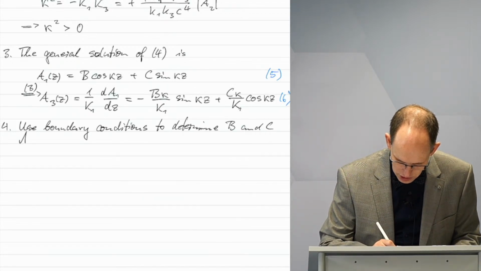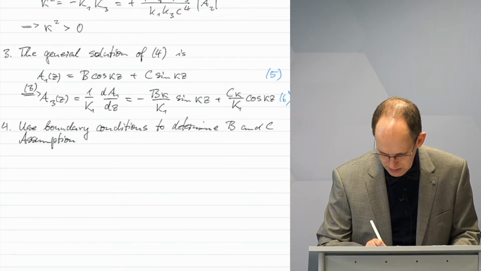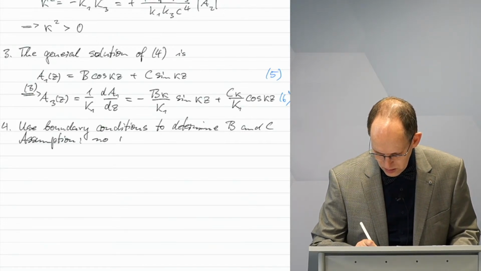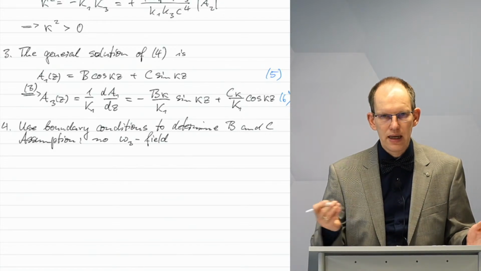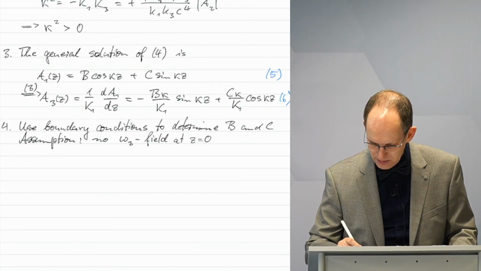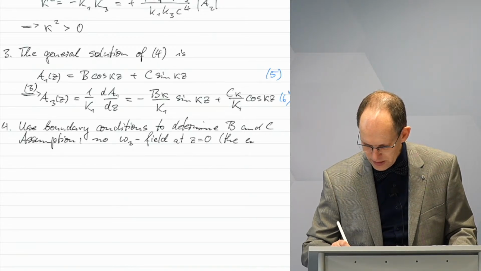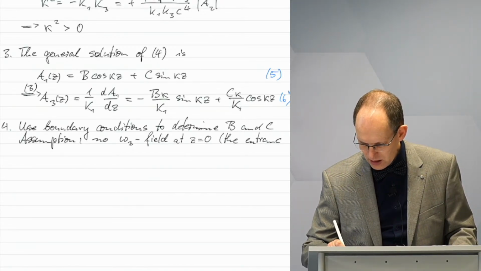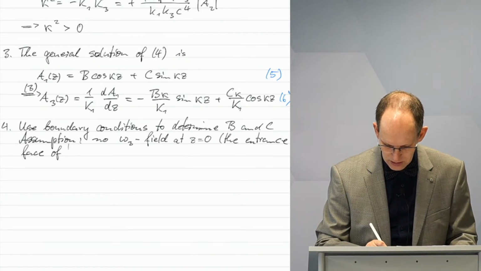And the assumption is no omega-3 field, no sum frequency at the entrance face of the crystal, at z equal to 0, which is the entrance face of the crystal.